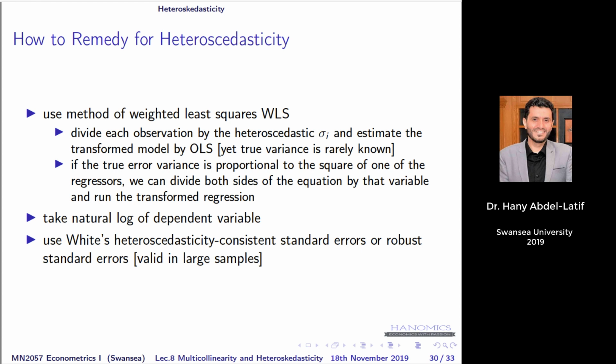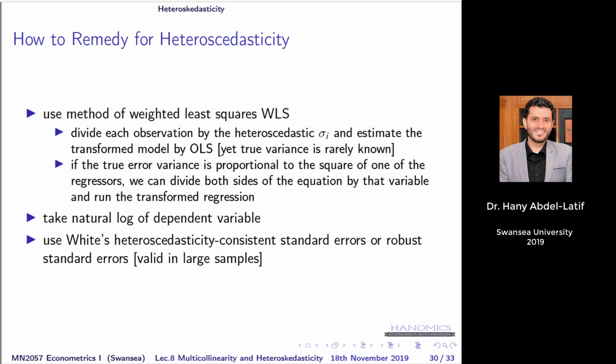This is a method where, if we know the structure of the variance, for example that the variance equals sigma squared, a constant, multiplied by something, then if I divide by this, it cancels out and the variance becomes constant. That's why it's called weighted least squares.